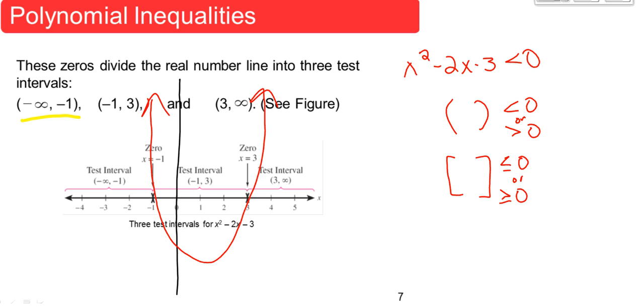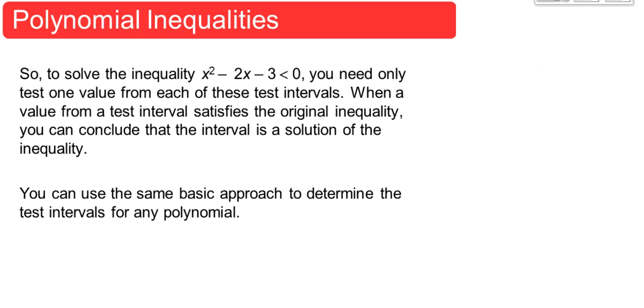To solve an inequality like x squared minus 2x minus 3 is less than 0, you only need to test one value in each interval and see if it works. The good news is we only care if it's positive or negative, so we don't always have to find the exact numerical answer in that interval.